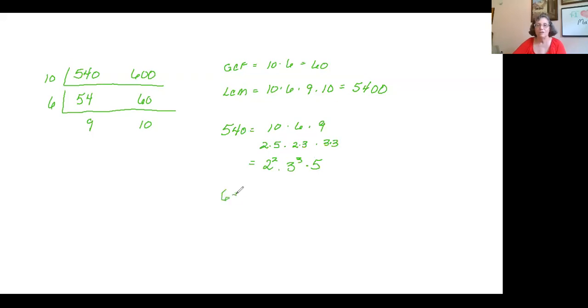Prime factorization of 600 is going to be 10 times 6 times 10. So 2 times 3 times 2 times 5 times 2 times 5, which is 2 cubed times 3 times 5 squared.